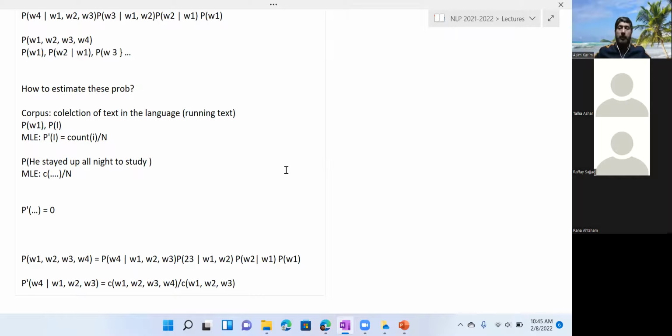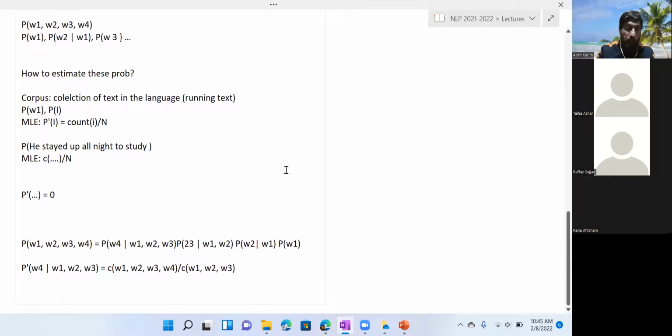So again, the same problem arises here, meaning that you will need to find the whole sequence of those words in your corpus. If the length of the sequence is large, you are unlikely to find many or even one count, even if your corpus is very large.